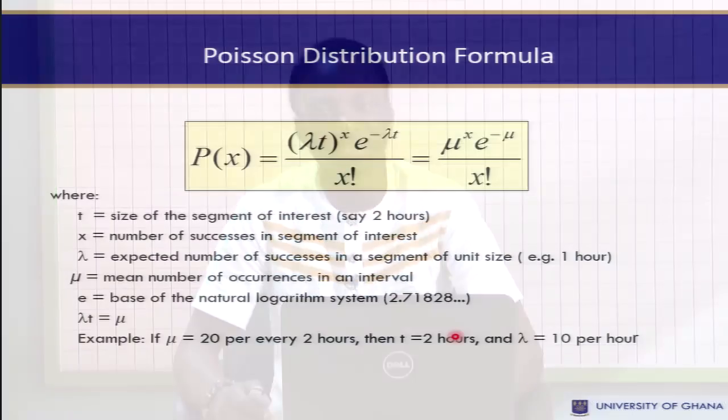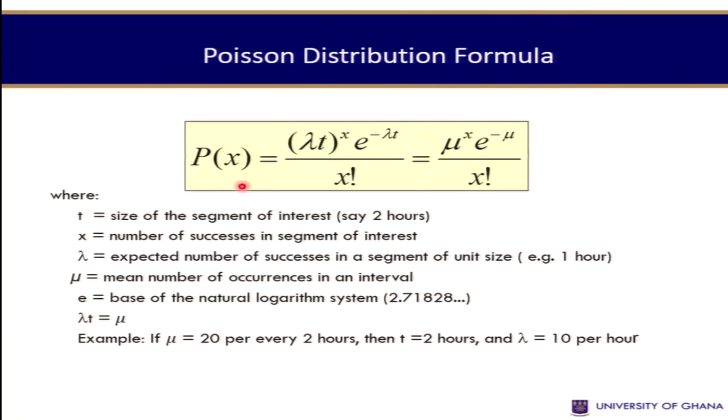So this is what the Poisson distribution formula looks like. The probability is given as lambda t raised to the power x, times e to the negative lambda t, all over x factorial.